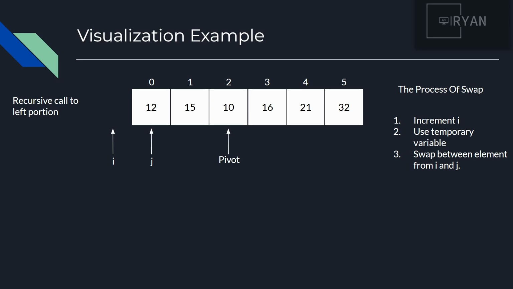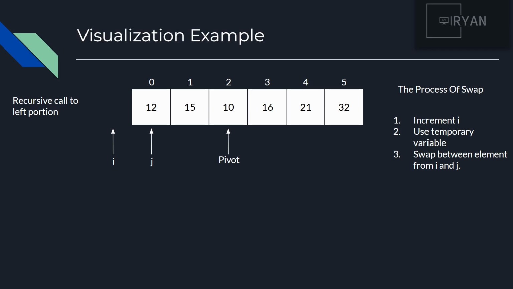So the previously obtained pivot was 16, right? So the index of our previous pivot was 3. To call the left portion, we decrement our previously obtained pivot's index. So we get 2. So it starts from 0 to 2.